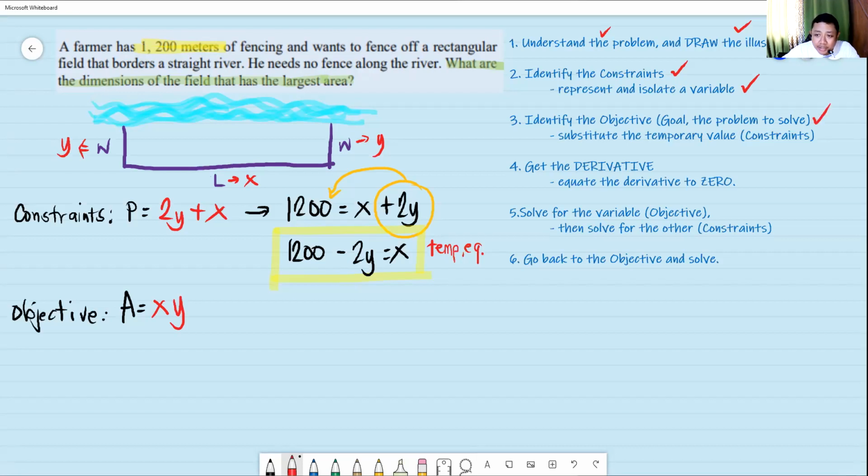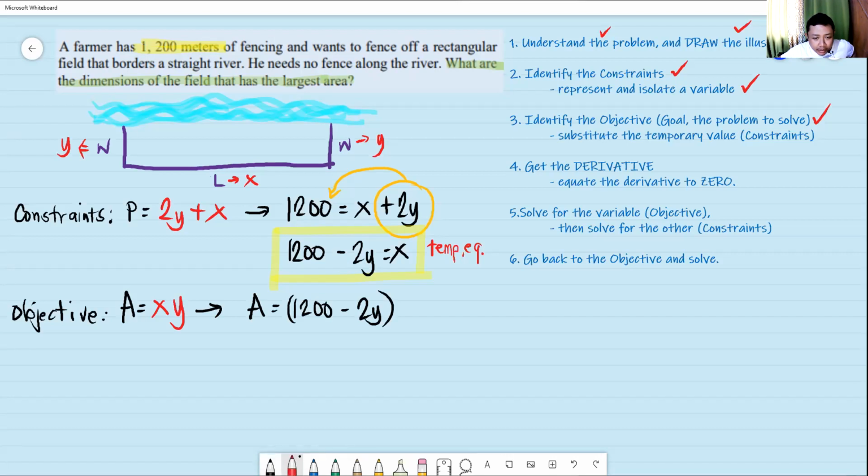And so, we're done with identifying our objective. Next is substitute the temporary value from the constraints. So it will become A is equal to, and we will be changing the x with this value, so that becomes 1,200 minus 2y, times y.